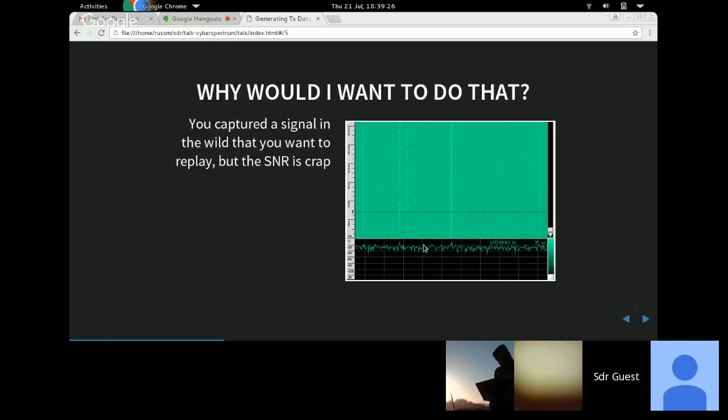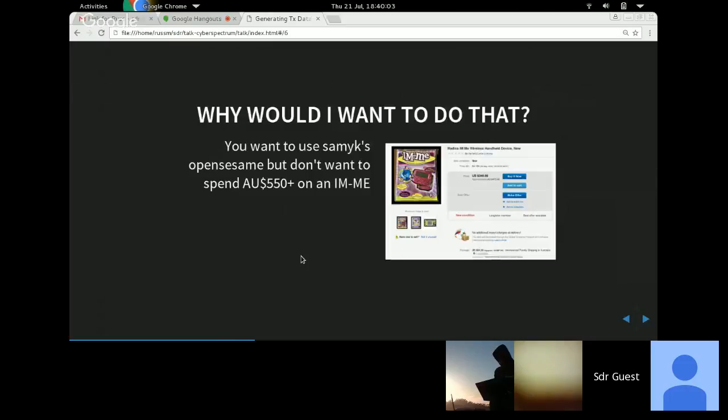Here, looking on a waterfall, you can make out the bit pattern for this direct FSK transmission, but replaying that against any target device isn't going to work because there's no signal compared to the really crappy noise floor.